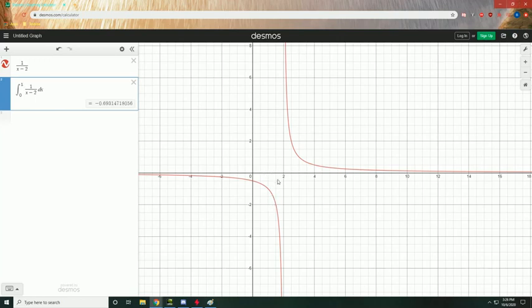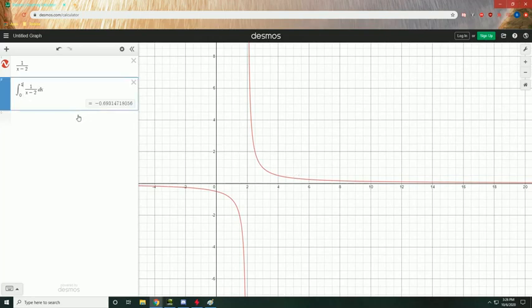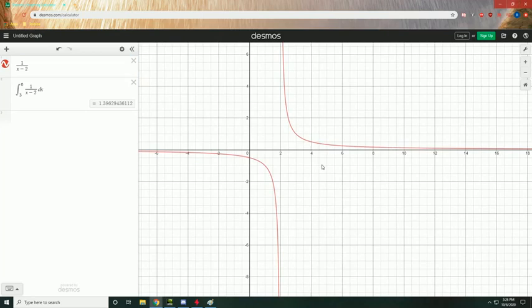From 0 to 1, there is no point of discontinuity, so it is not an improper integral. The same goes for the right side. Let's say the integral from 3 to 6. There is no discontinuity, so therefore it is not an improper integral.